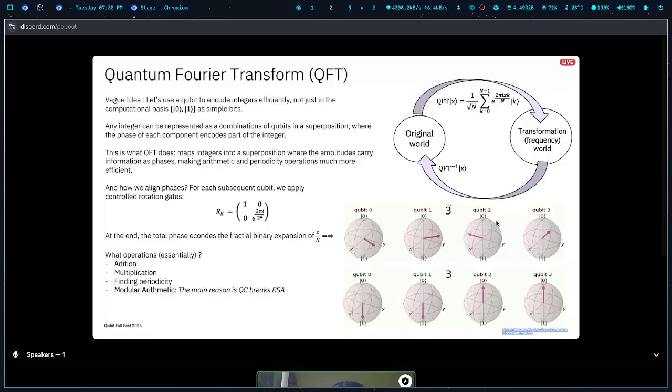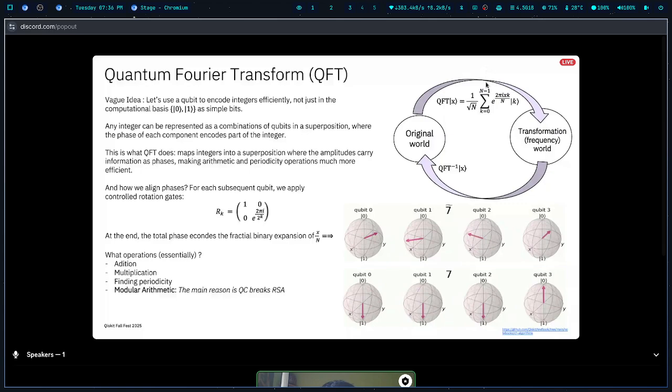The idea is that given this set of rotational gates, we can move into this frequency world, that is the Fourier transform, which makes that operation that enhances the speed up for quantum computing, and later we can go back to the original world with that data. Okay, that's everything that is said here.